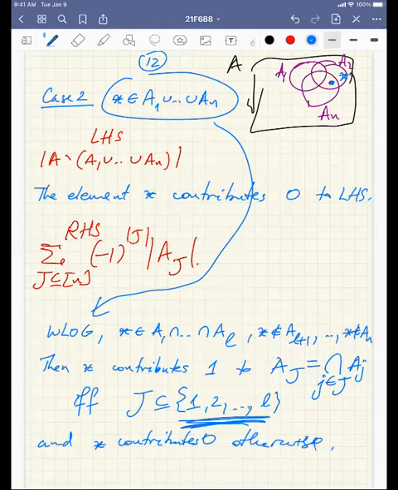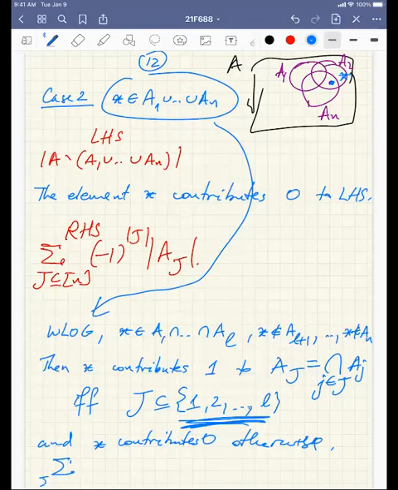So with that in mind, the contribution of x to the right hand side sum is going to be a summation. So we go now over all the subsets of these indices.